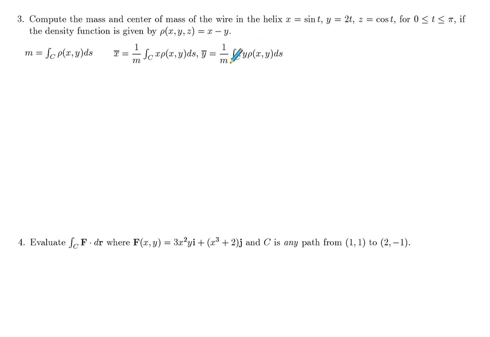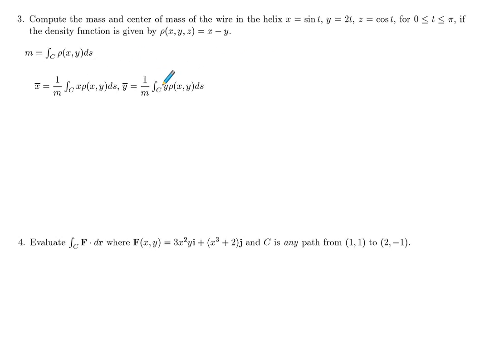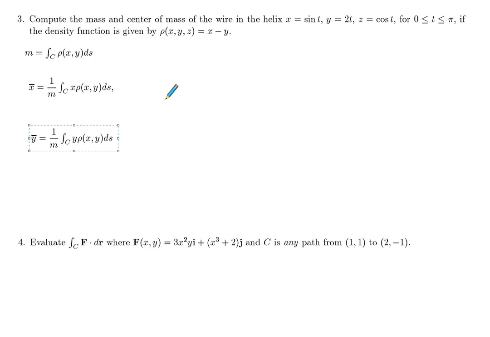So let's go ahead and move these guys down here out of the way. And then do one more copy of those guys. And we'll change our y to a z, and we'll be set to start.